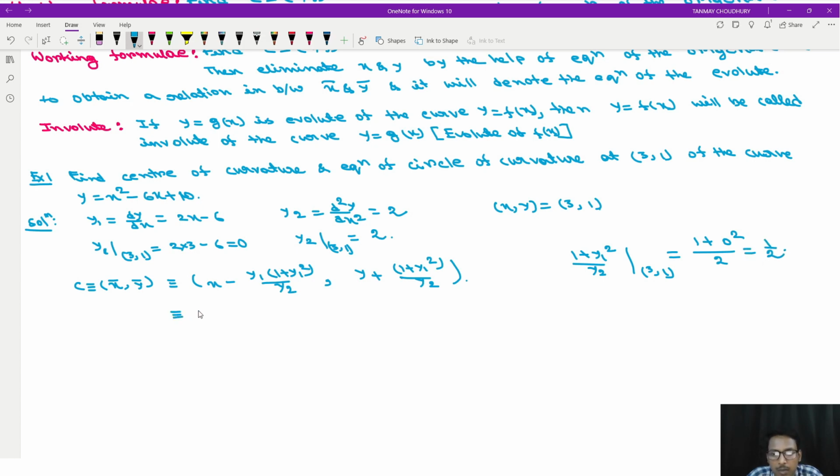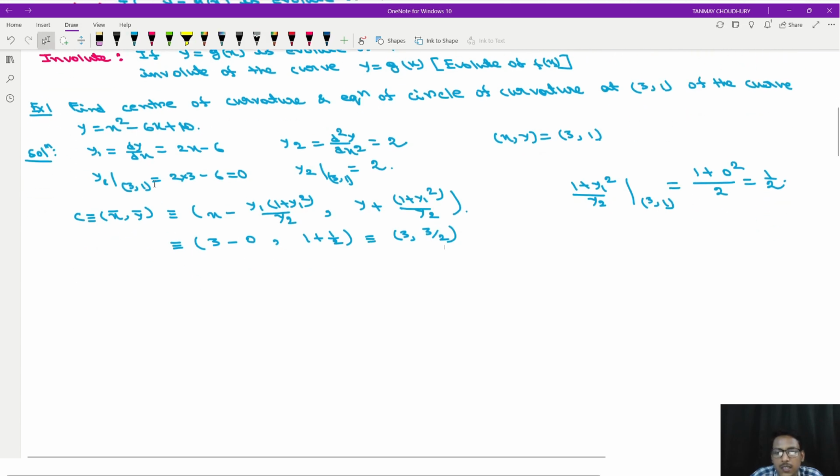So the center of curvature is 3 minus y1, which is 0, so this turns out to be 3, and y plus 1 plus y1 square by y2, which is half. So this is simply 3 and 3 by 2. So this is the center of curvature.